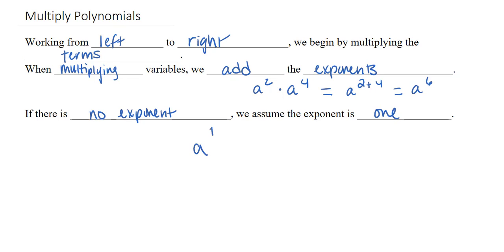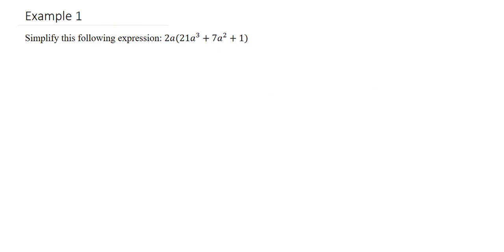So let's look at the examples. Example 1, we're going to simplify the following expression. So we have 2a times 21a to the third plus 7a squared plus 1. So what we do is we just go ahead and multiply each term inside. So we start with the 2a.